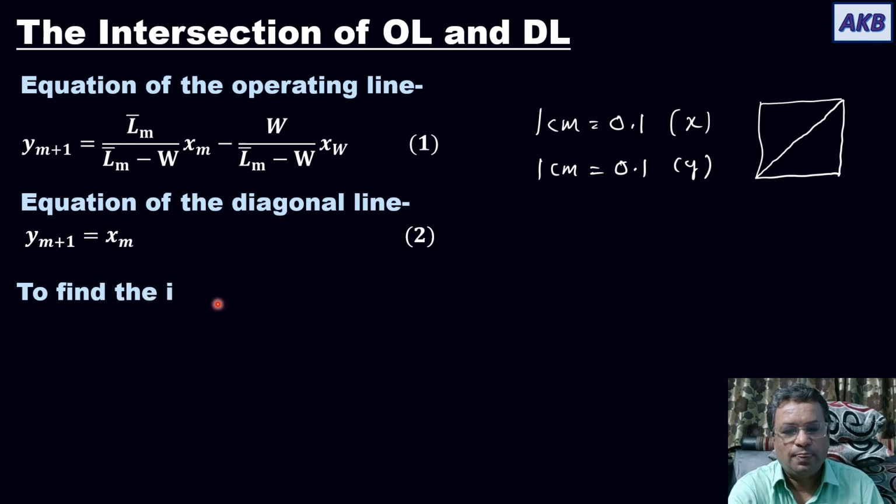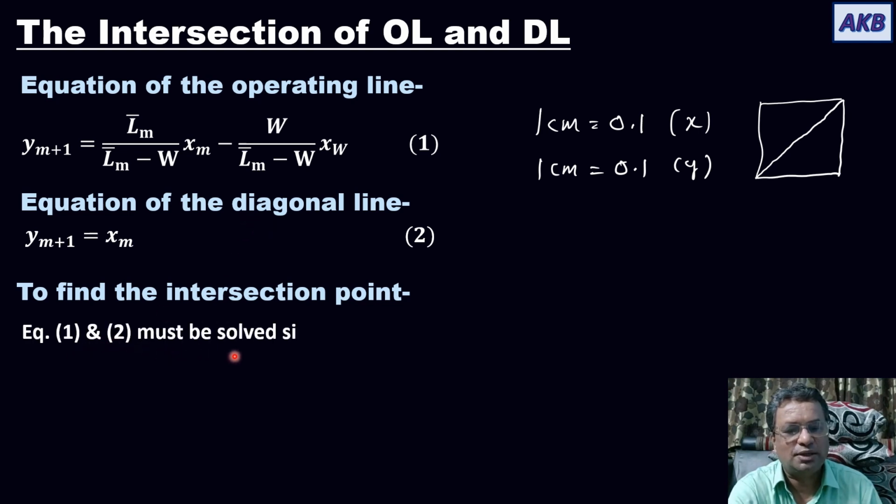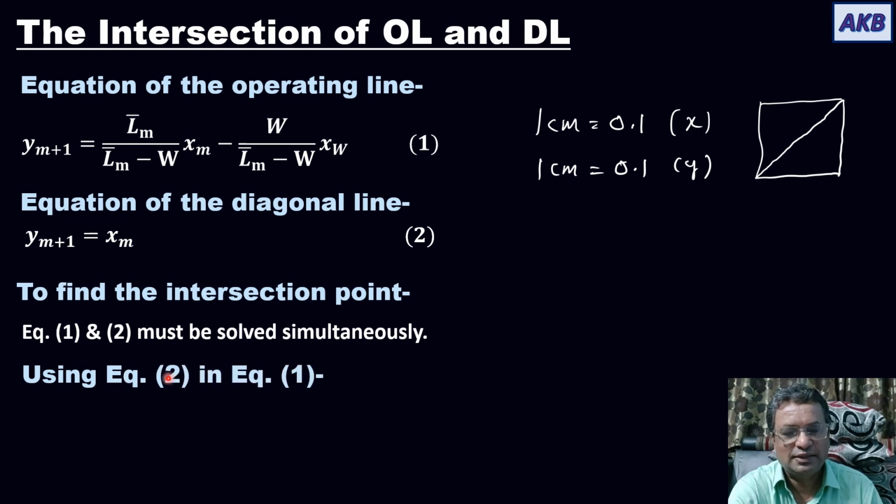Okay. Now, in order to get the intersection point of these two lines, what should we do? We need to solve equations 1 and 2 simultaneously. So how to do that? For that, we will use equation 2 in equation 1.